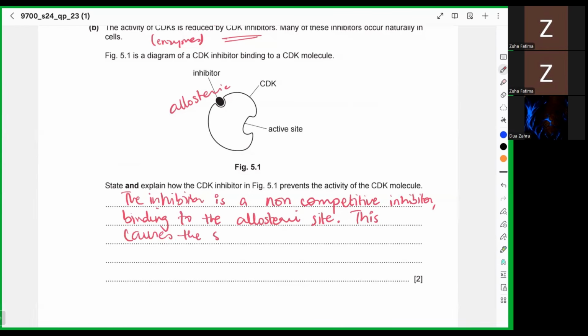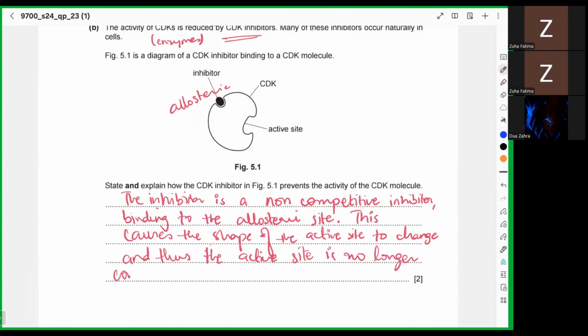This causes the shape of the active site to change, and thus the active site is no longer complementary to the substrate.